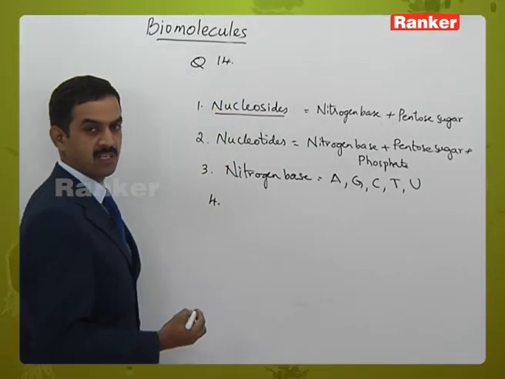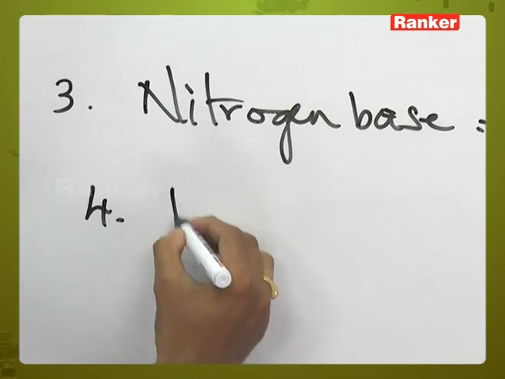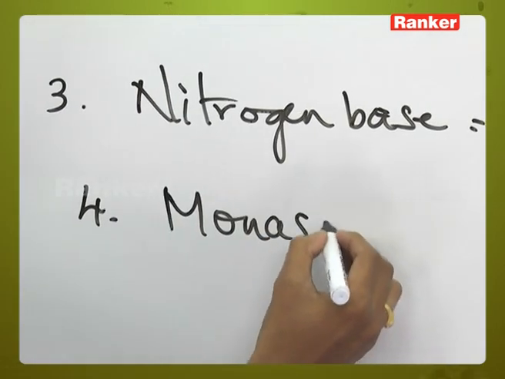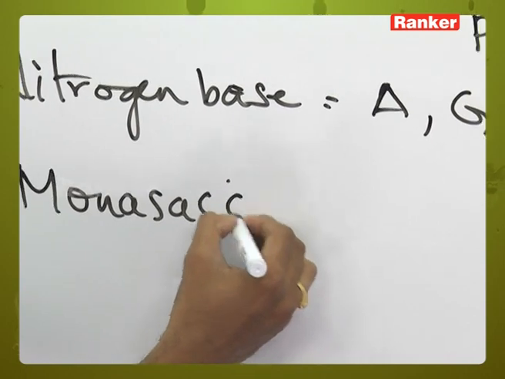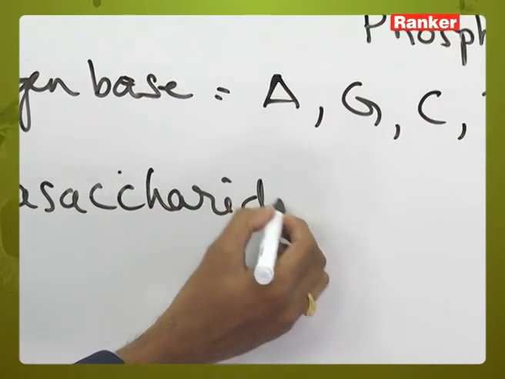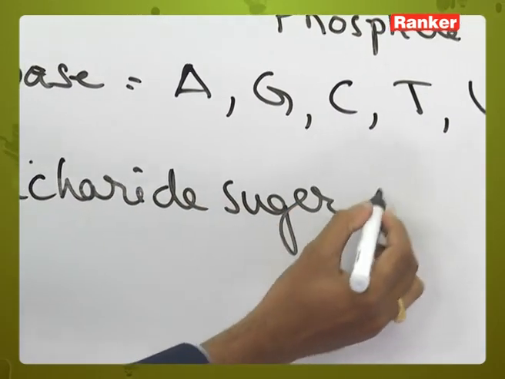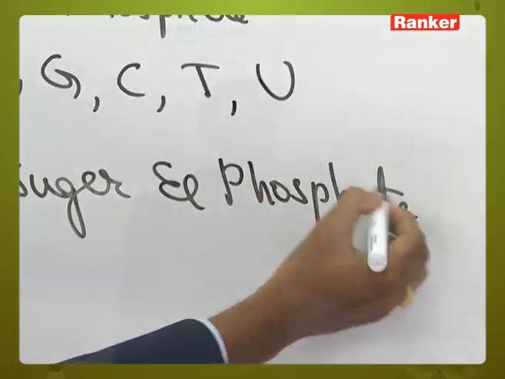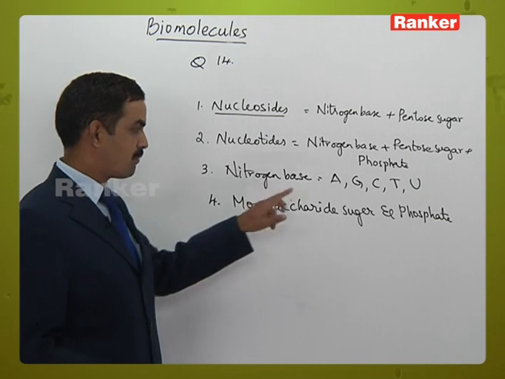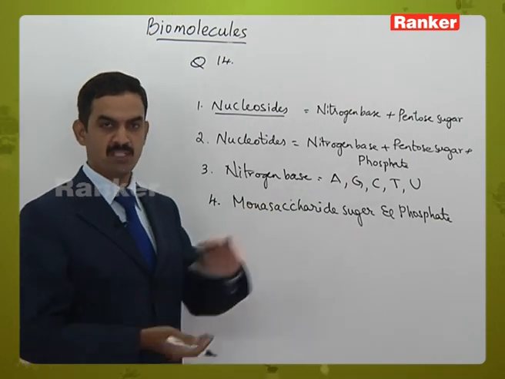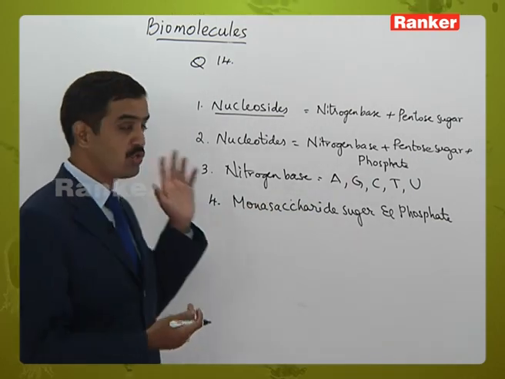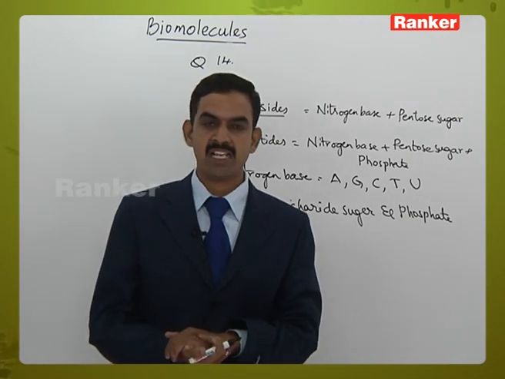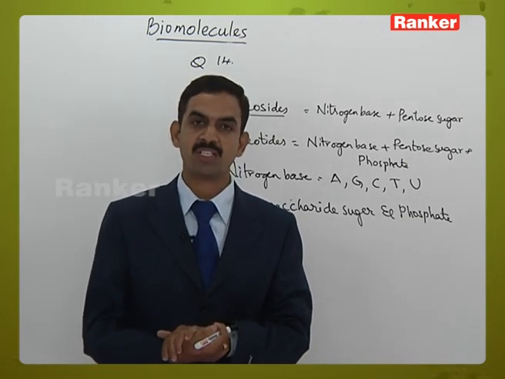Then the fourth one is monosaccharide, sugar and phosphate. Monosaccharide sugar means pentose sugar and a phosphate molecule. We know that nucleic acids, that is DNA and RNA, are the polymers of nucleotides.